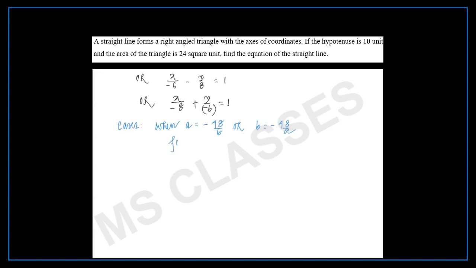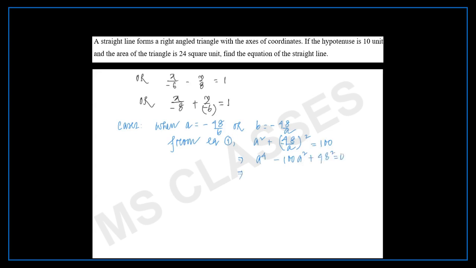Now from equation 1, we get a square plus (48 by a) whole square equal to 100. Now a to the power of 4 minus 100 a square plus 48 square equal to 0.